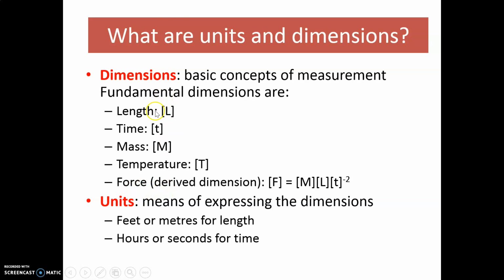You can see here that for length, time, mass, and temperature we have specific symbols, which are L, T, M, and T. A derived dimension is a combination of some of the basic dimensions. And a unit, as a definition, is the means of expressing the dimension. For length, it can be meter, inch, or feet. For time, it can be second, hours, and so on.